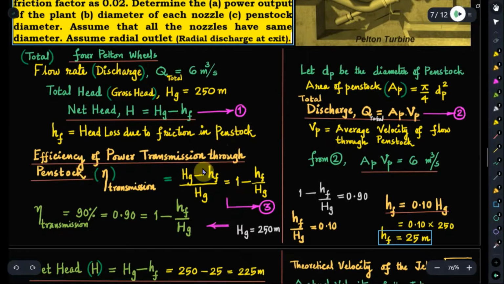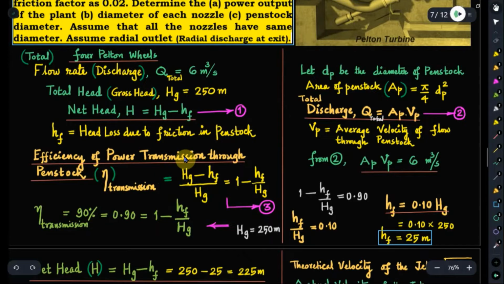Efficiency of power transmission through the penstock, that is given. From our mechanics of fluid lessons, we know that the efficiency of power transmission through pipes is power available at the outlet of the pipe divided by power available at inlet to the pipe. So how do you find out the power available at the outlet?